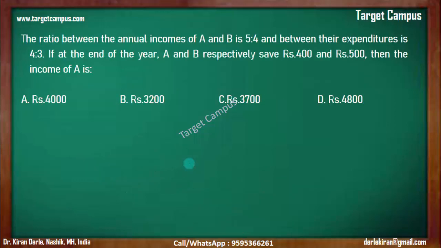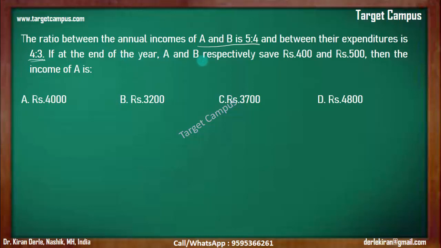So let's move ahead. The ratio between the annual incomes of A and B is 5:4. Their expenditure ratio is 4:3.